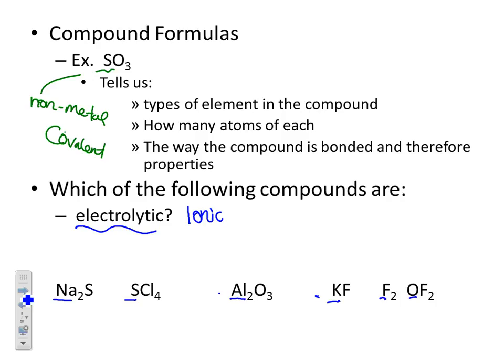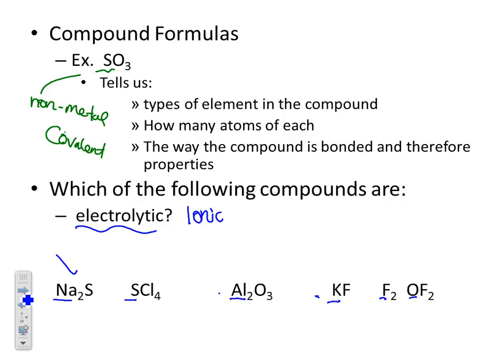You can see that sodium is a metal, and therefore this compound is ionic, and we would predict that this is electrolytic. SCl4, that'd be sulfur tetrachloride. Sulfur is element number 16 on your periodic table. You can clearly see that that is a nonmetal, and therefore this compound is covalent, and therefore not electrolytic.